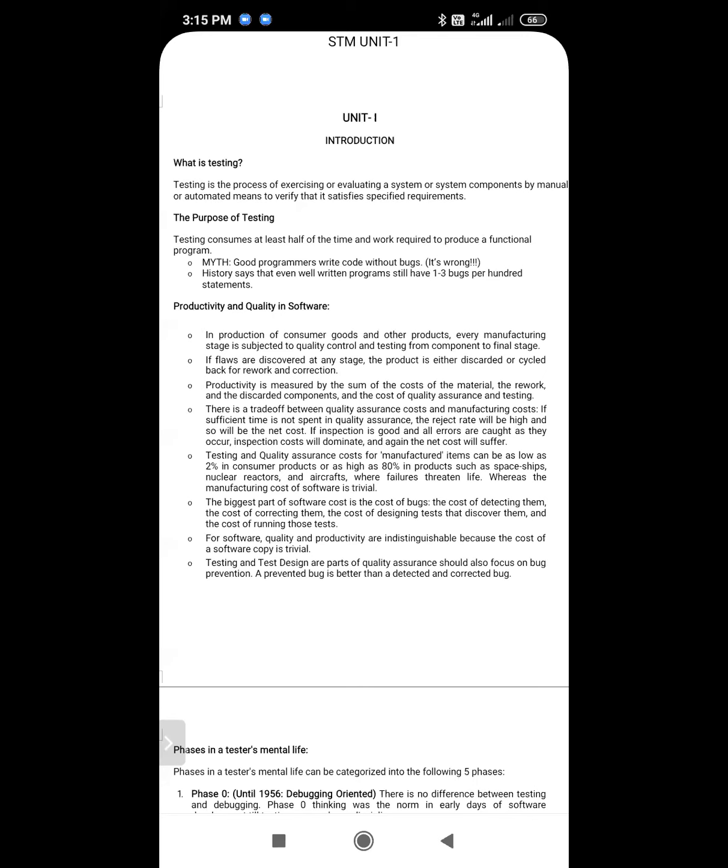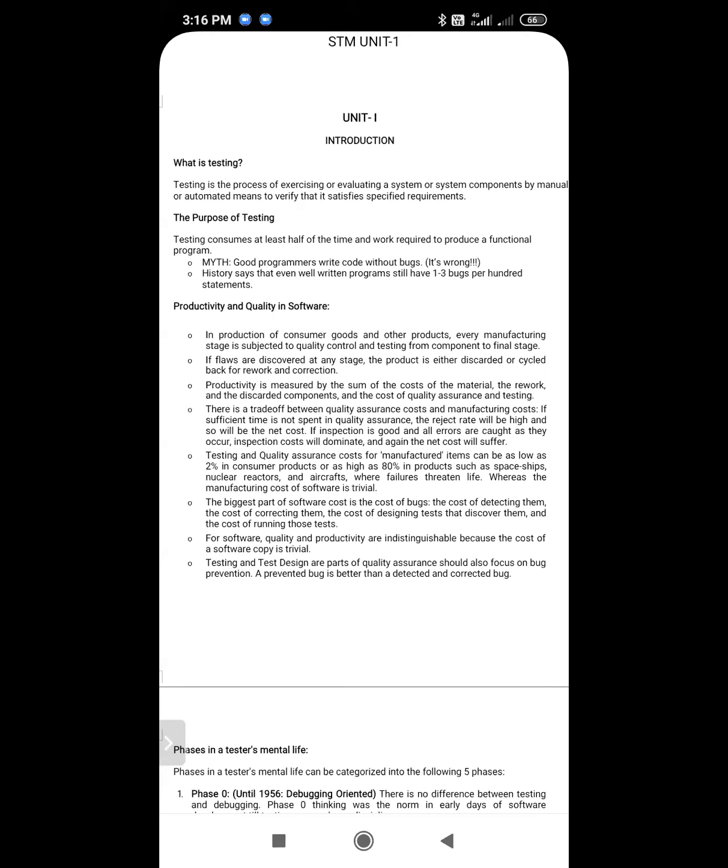Now what is the meaning of product and quality? What is a product? The thing which you develop, either software or anything. In software terms, a project or a software or an application is called a product. What is quality?